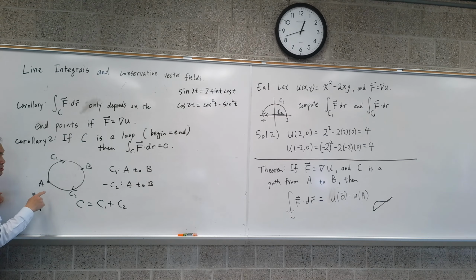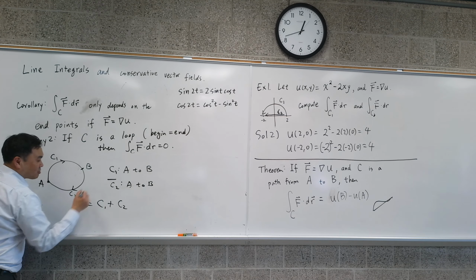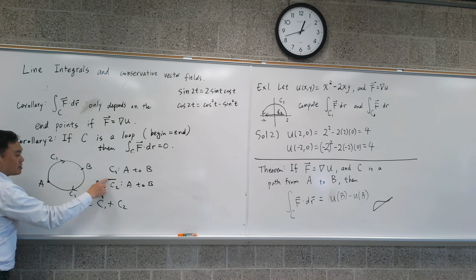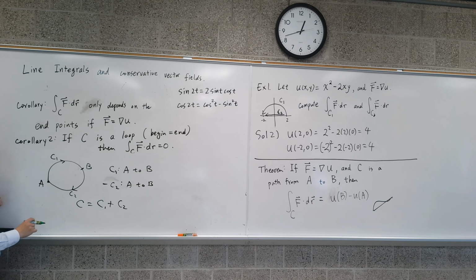So negative C2, usually people write it like this, but the integral is the same thing. Negative C2 means you switch the input at the beginning and the end. So if you do that, then you do go from A to B, right? And therefore, their integral is going to be the same.